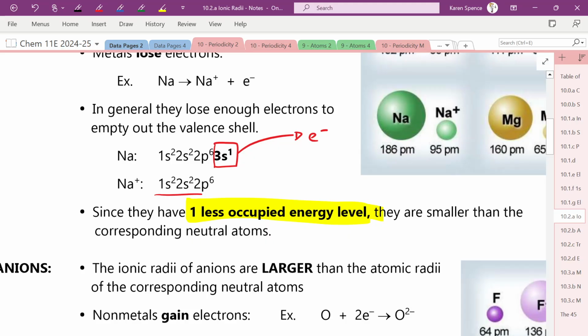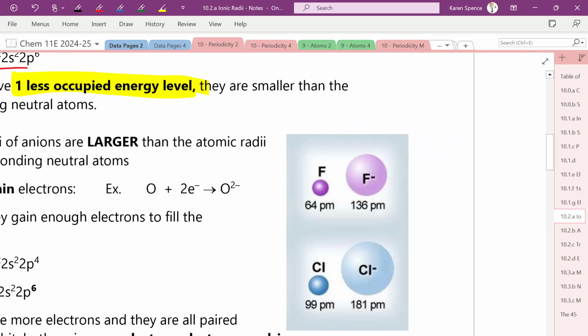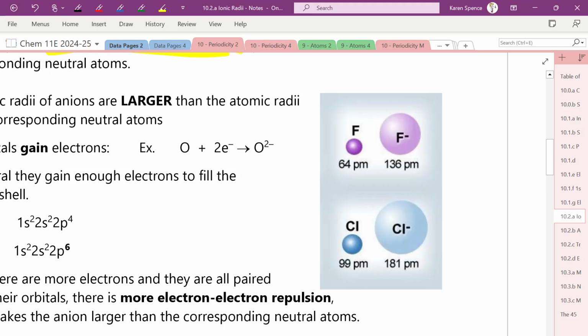Why do anions get bigger? They gain an electron, which fills up their valence shell. And if you're adding another electron into an orbital, what do you get?